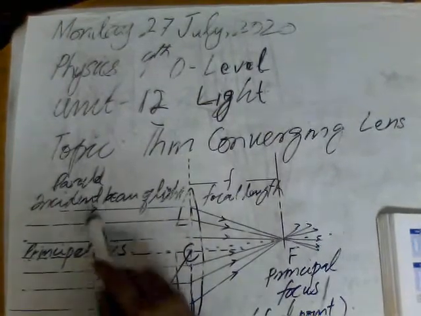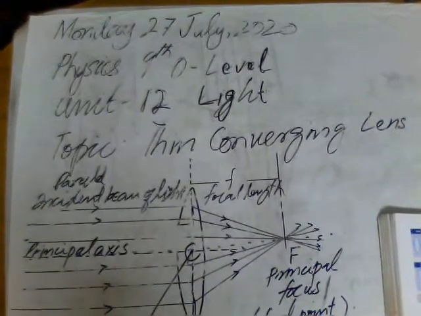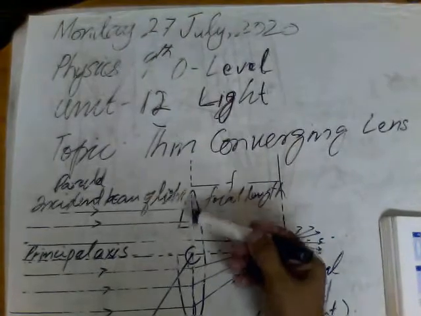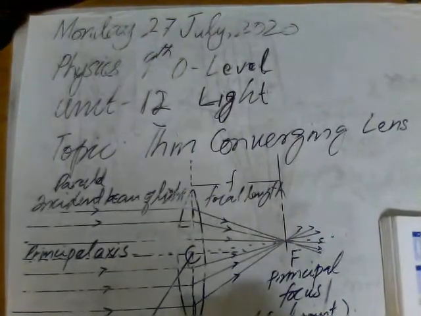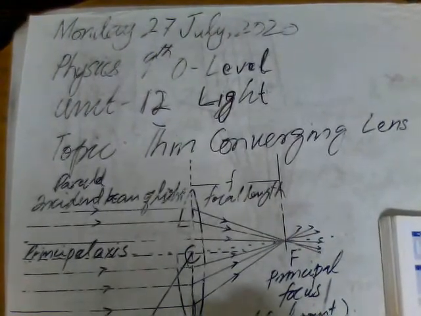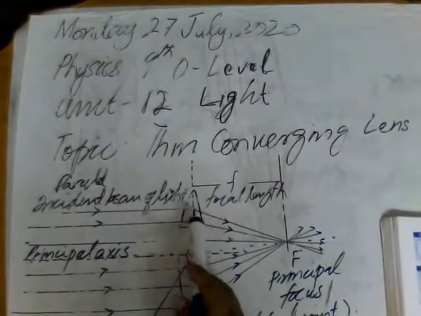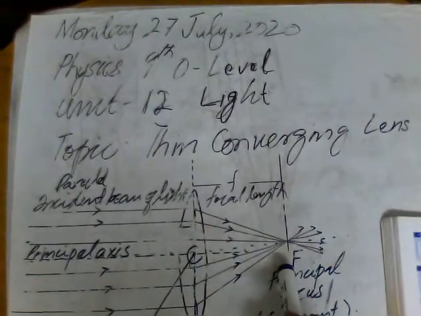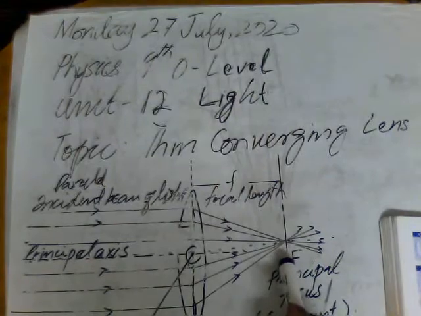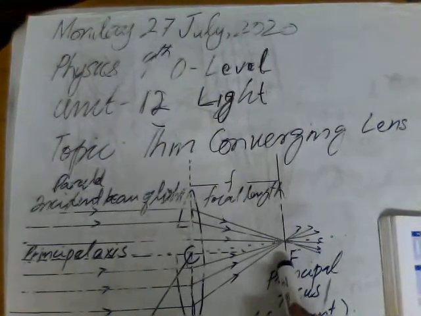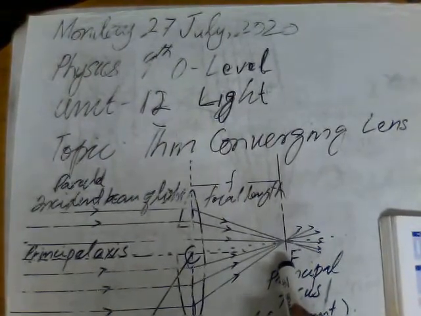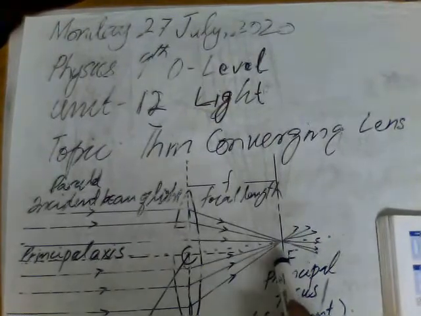When a beam of light parallel to the principal axis refracts through the converging lens, it converges at a single point on the other side of the lens, on the principal axis.